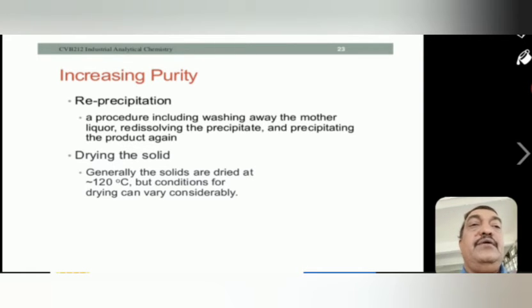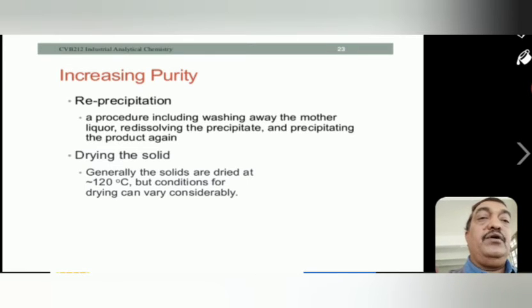So to increase the purity during the gravimetric estimation, there is one method called reprecipitation, that is re-PPT formation. Whatever PPT forms, sometimes it may get converted into colloidal form, or sometimes into some other form.